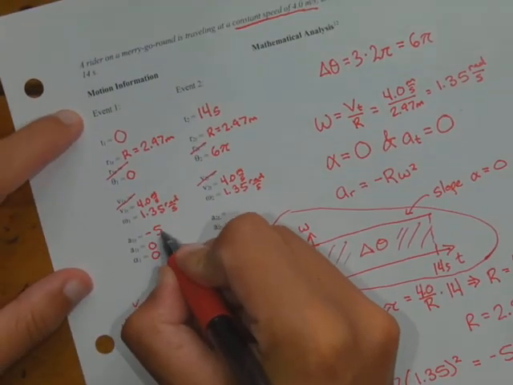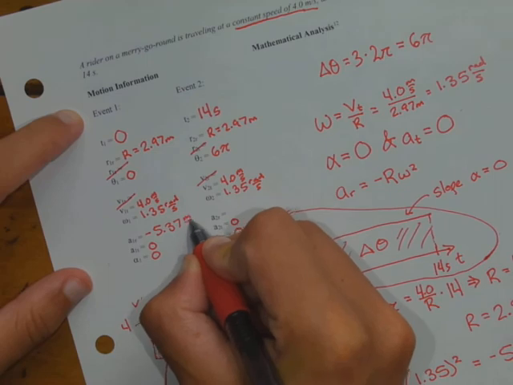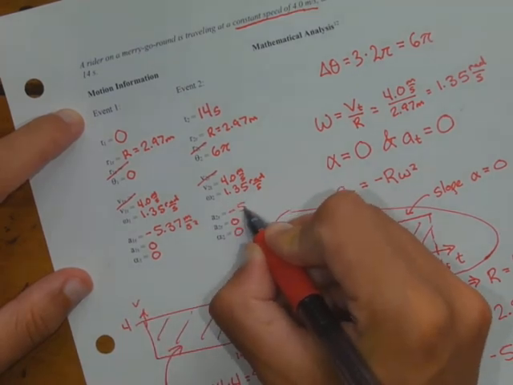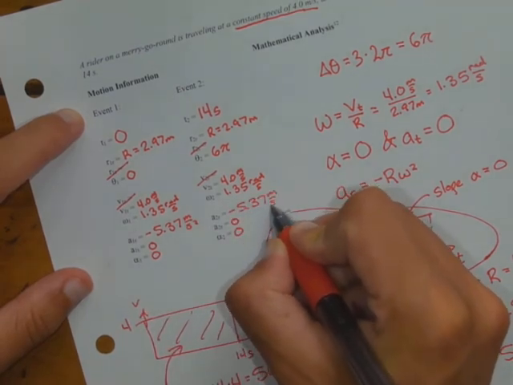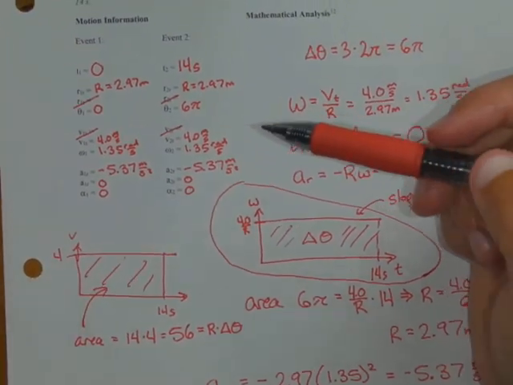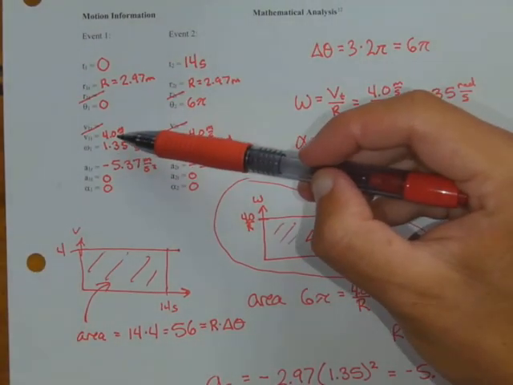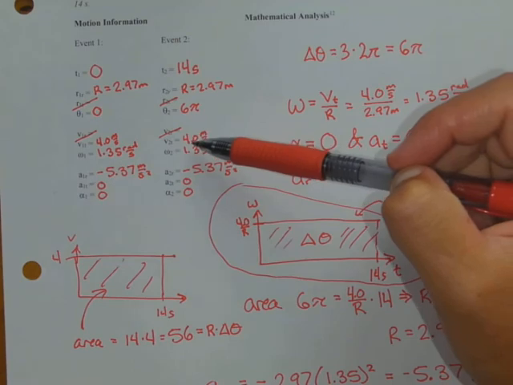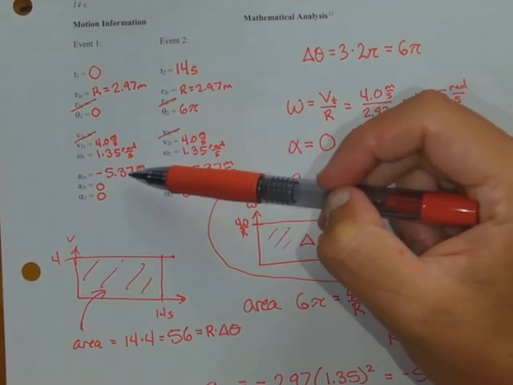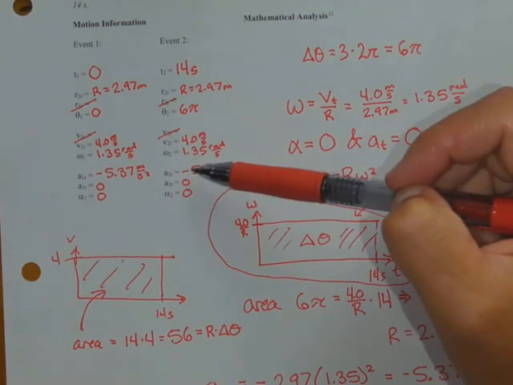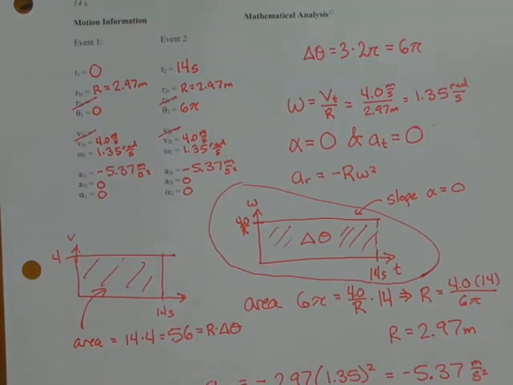So this is negative 5.37 meters per second squared. And as long as your velocity at event 1 is equal to event 2, your radial component for acceleration for event 1 should be the same as what we have for event 2.